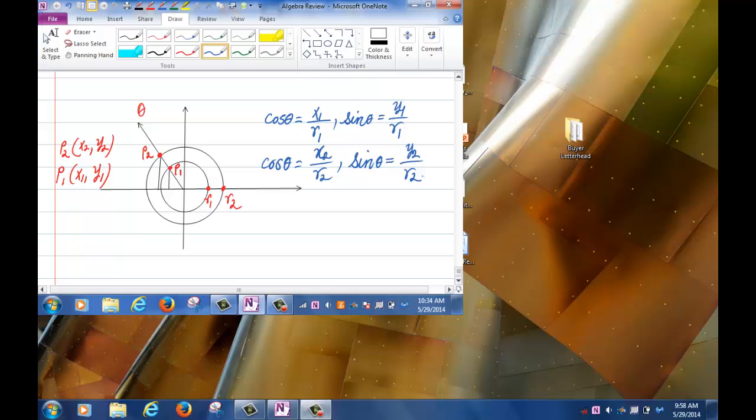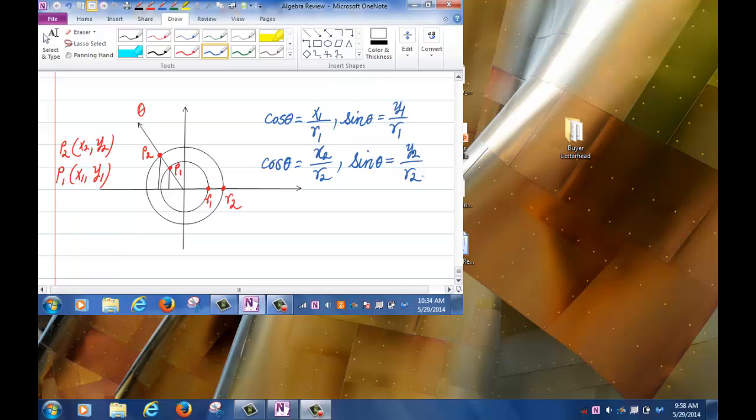So why is it that x1 over r1 is the same as x2 over r2? Anybody? Because theta is the same. Yeah, but I'm saying why do you think that they are the same? I mean, that's what I want to show. If theta is the same angle, then no matter what radius I use, the values of sine and cosine would not change.